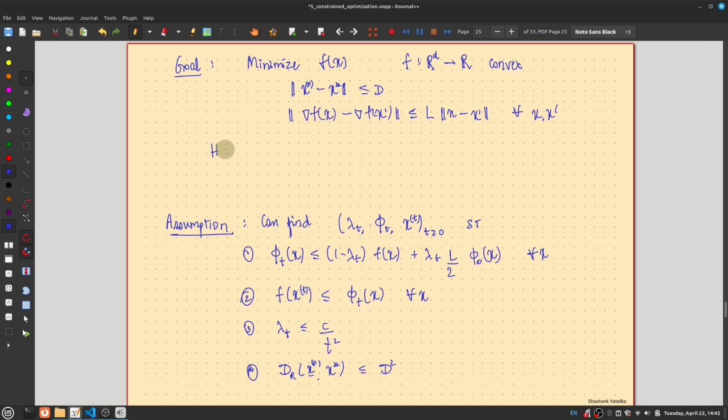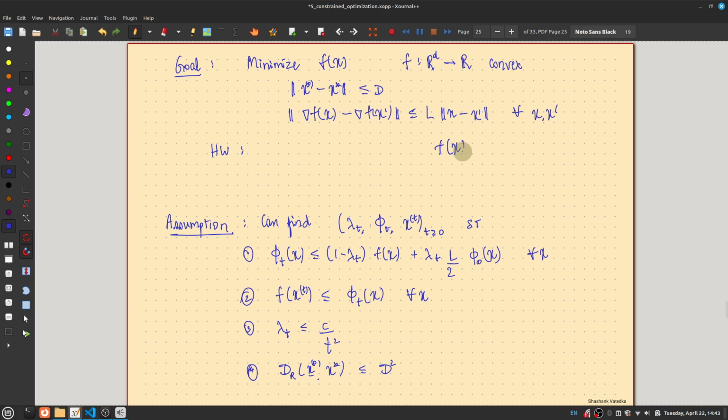Here's an exercise. This second condition, that the gradient is sufficiently smooth, also tells you something more about the function itself. Recall that since f is convex, it can be lower bounded by the first order Taylor series expansion, or in other words, it's lower bounded by the tangent plane passing through any particular x.